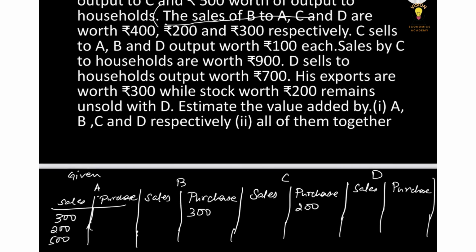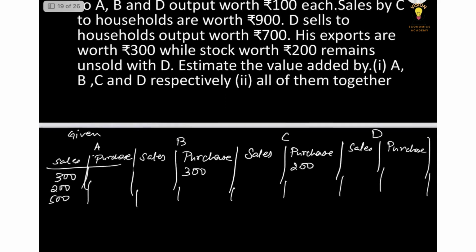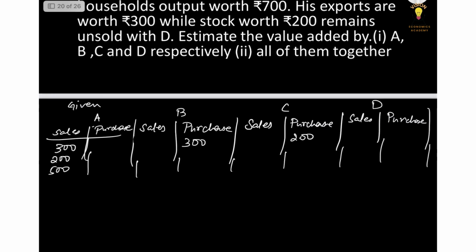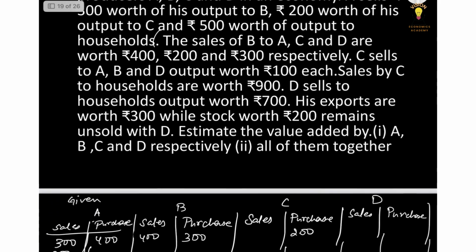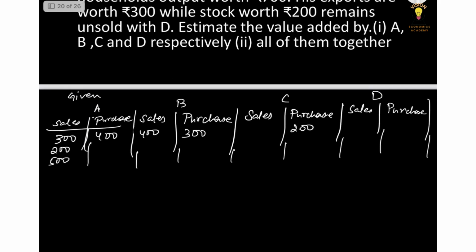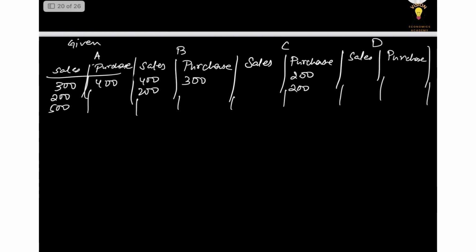So B is selling to A 400, so that becomes purchase of A. Then B to C is what, 200, so this becomes again intermediate cost. Then 300 respectively to D. All right.